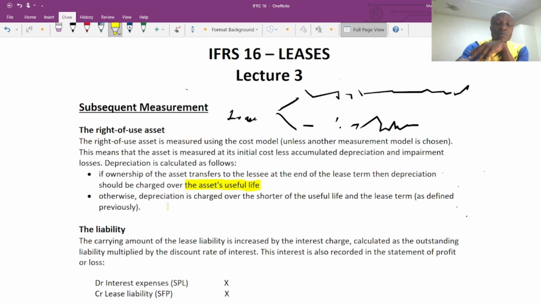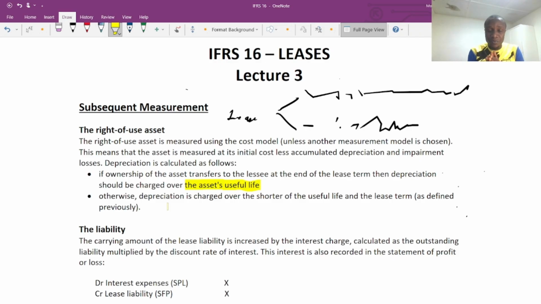So in a situation where the lease term is greater than the useful life of the asset, we are going to depreciate the asset using the useful life. If the lease term is less than the useful life of the asset, then we are going to depreciate the asset using the lease term. We are going to use the shorter of the useful life and the lease term.